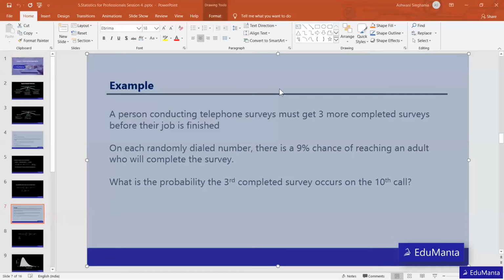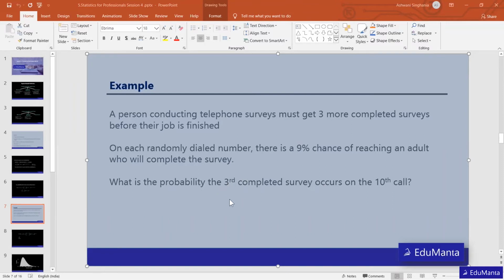So we can point out over here what defines success: the completion of the survey, right? And the probability of success is 9%. The final question is, what is the probability that the third completed survey occurs on the 10th call?